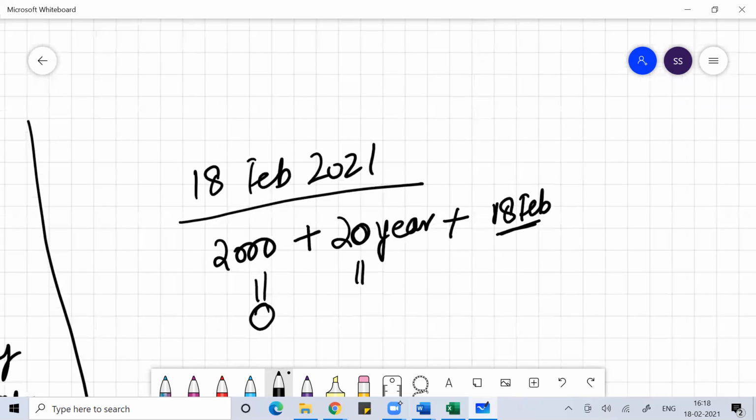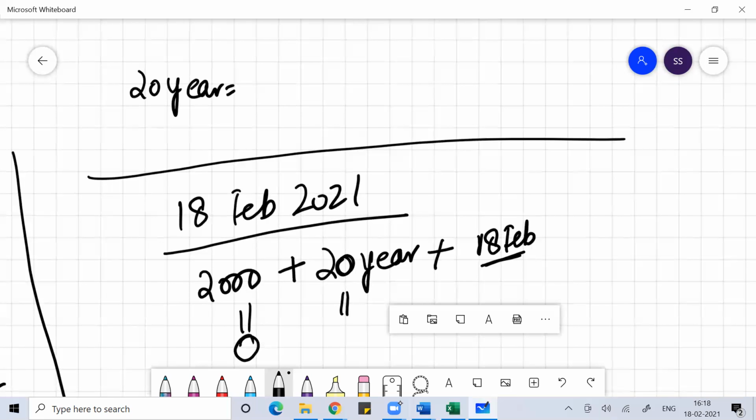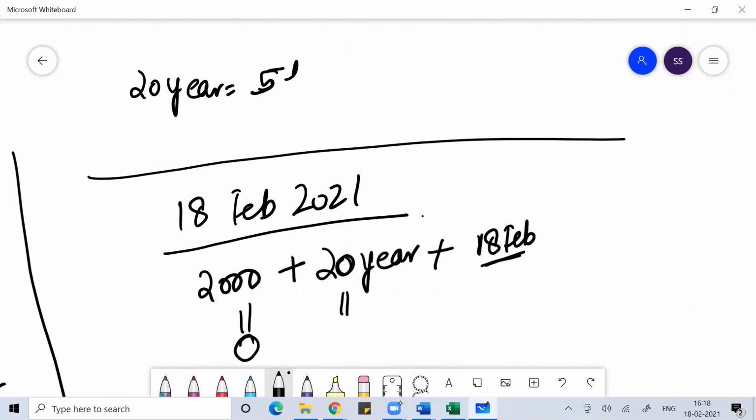Now you can find the odd days for the 20 years. How many leap years would have come in 20 years? After every 4 years a leap year comes, so 5 leap years would have come. If 5 leap years came, the normal years were 20 minus 5, which is 15.